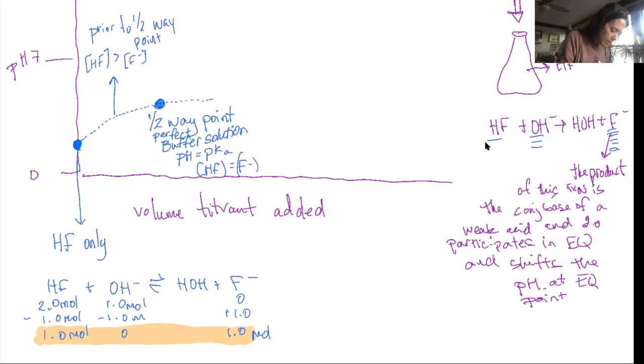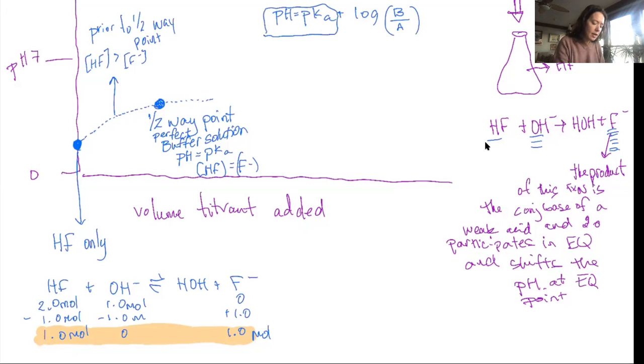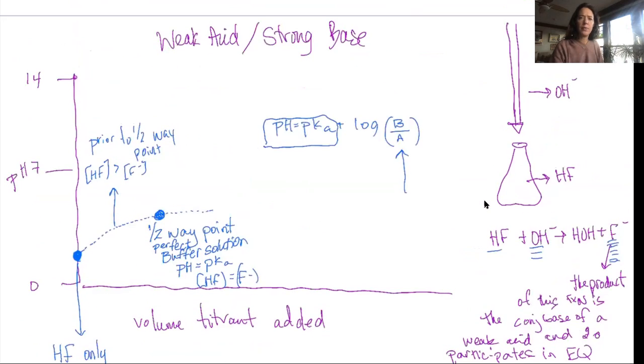Remember, a lot of this is based off of the Henderson-Hasselbalch equation. Right? So there's a big play between pH and pKa and the ratio of the concentration of base to acid. All right? Okay.